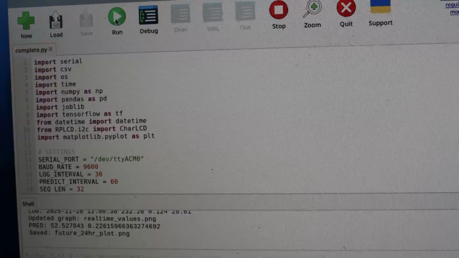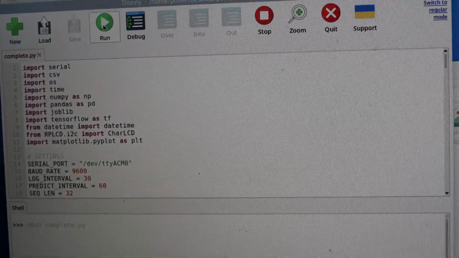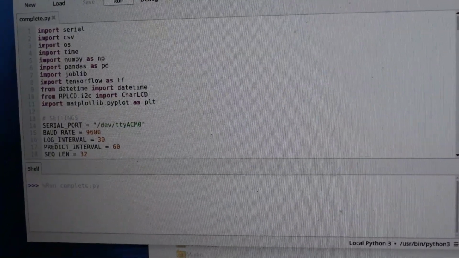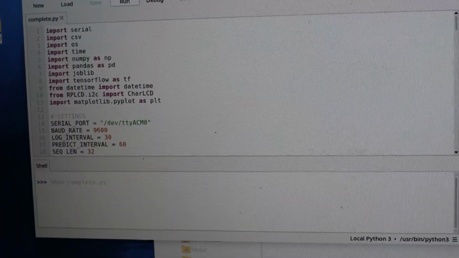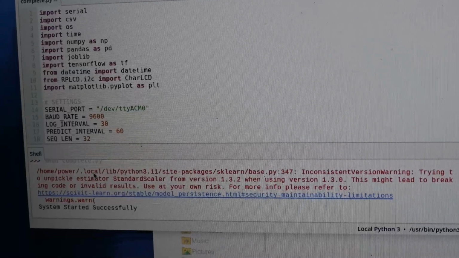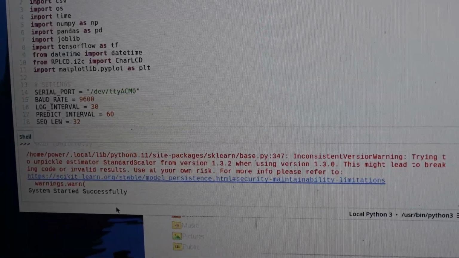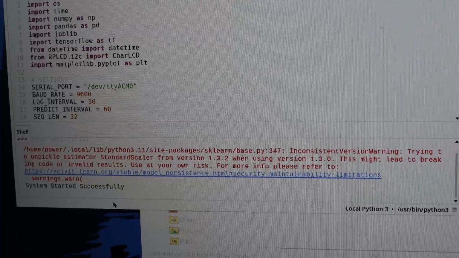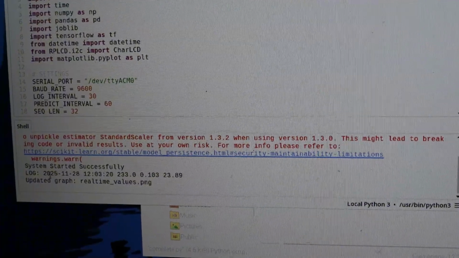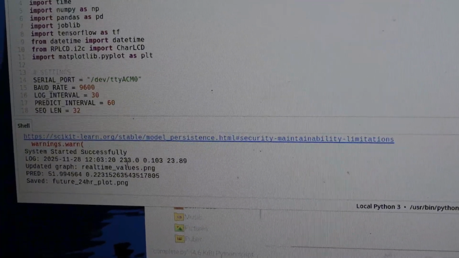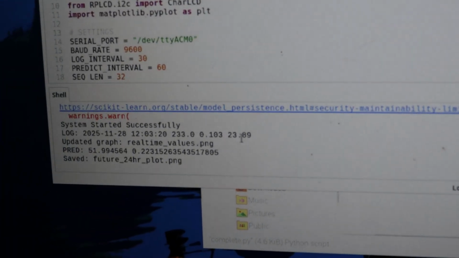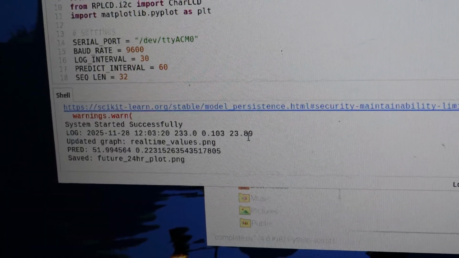Now when I run this code, it has started successfully. Here we can see the timestamp, and this 233.0 is the voltage, 0.103 is the current, and 23.89 is the power.